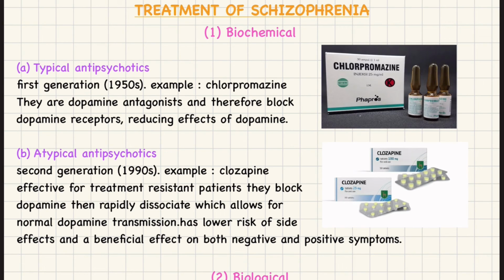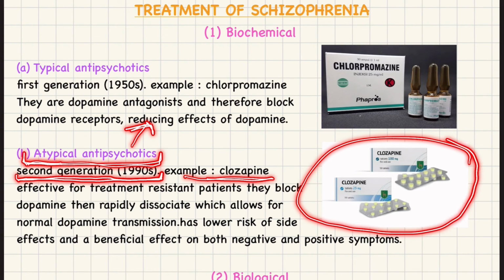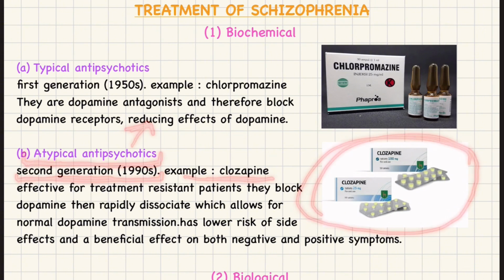However, they have a lot of risk within them compared to atypical antipsychotics. Atypical have a lower risk than typical antipsychotics, and these are referred to as second generation. An example of it is clozapine, which looks something like this, and they're an effective treatment for people that are treatment resistant.